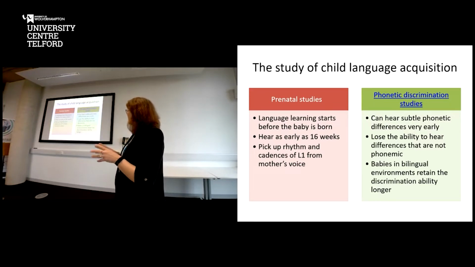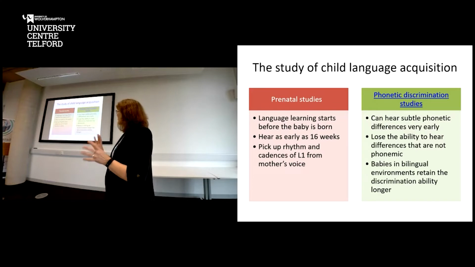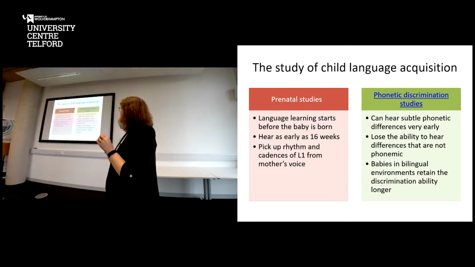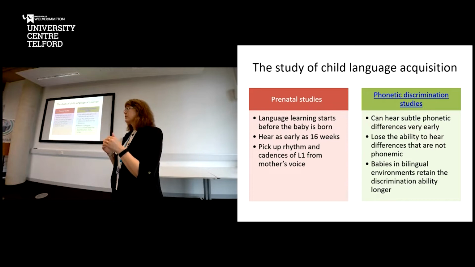And very shortly after birth, the first 6 months or so, children can hear phonetic differences. So they can hear differences in sounds that possibly we don't hear, because we only tend to hear the differences in sound that affect meaning.